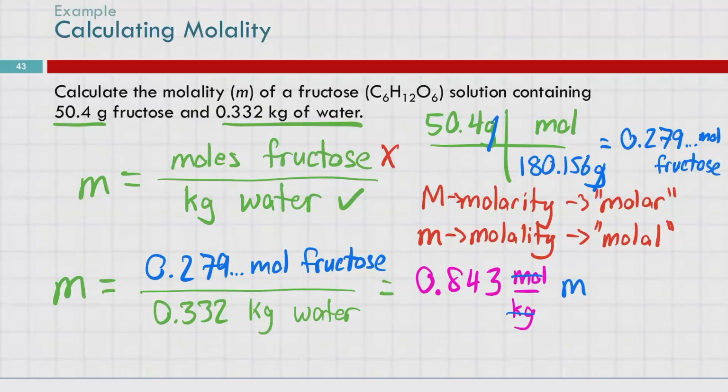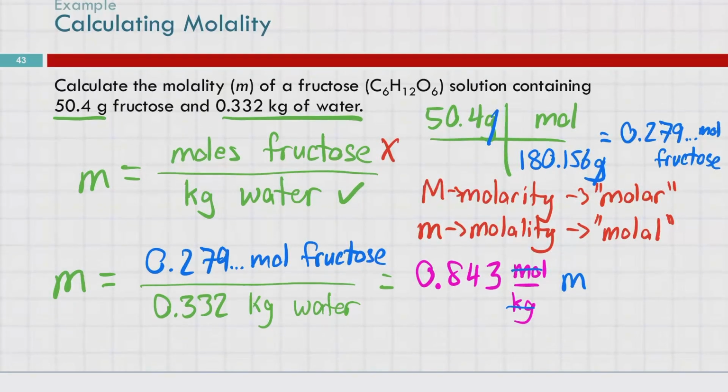So this is a 0.843 molal solution. Doesn't that sound awful? Go ahead, try it. Molal. Doesn't that feel terrible? Don't you just hate the way that feels, mush mouth? Anyway, that's why I don't like molality, because I don't like saying that. They're also very similar in terms of the way that they're spelled. So make sure that you're careful about reading and don't get them confused.